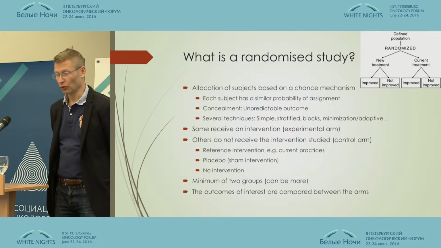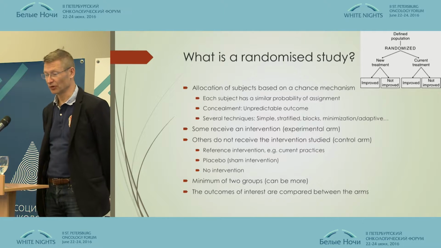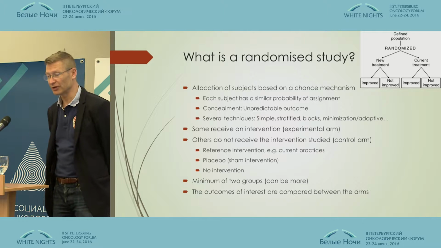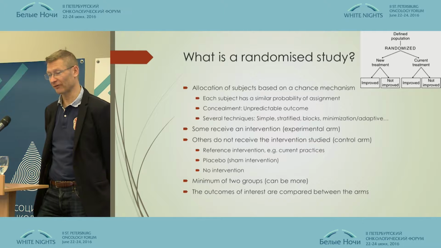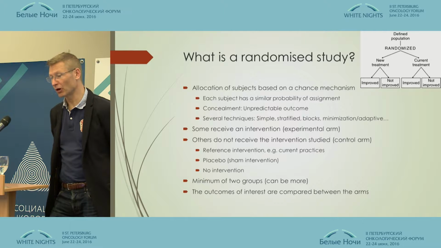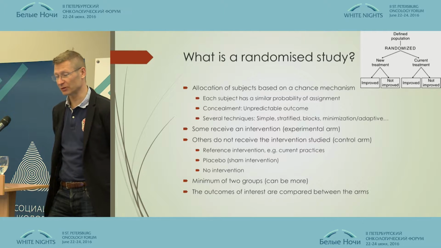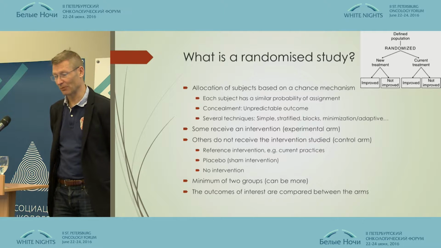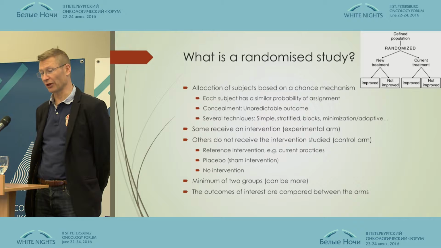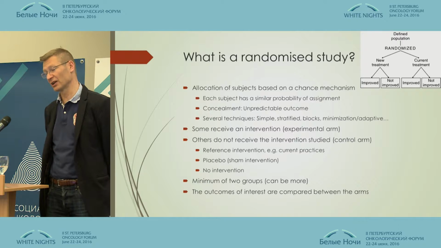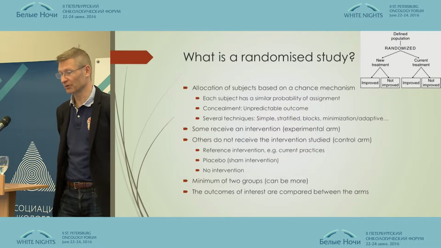And we need a comparison, a reference, which would be the control arm that does not receive a similar intervention. So there could be a reference, current best practice typically in a treatment trial, and perhaps no intervention in a screening trial, or screening using another test, or a later start of screening, less frequent screening, or some other procedure.